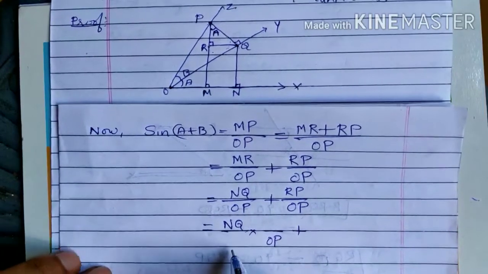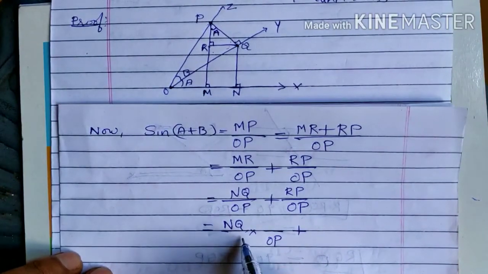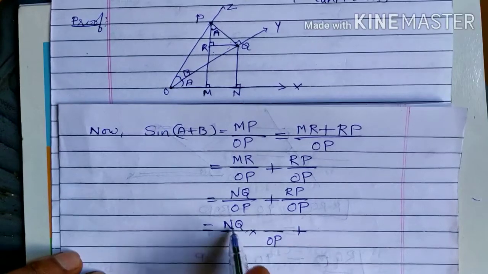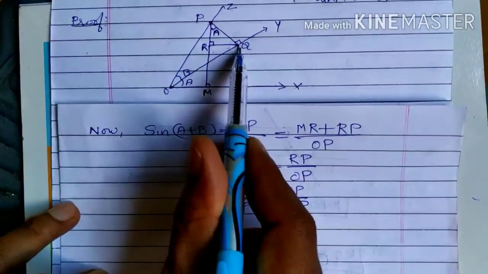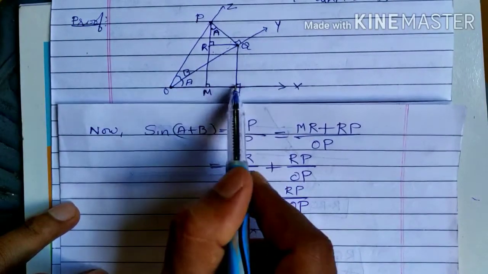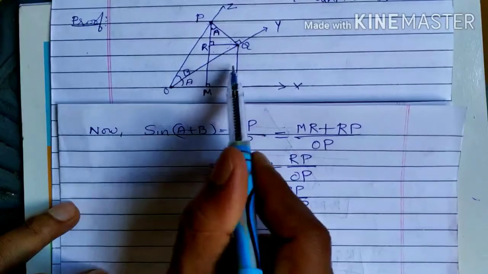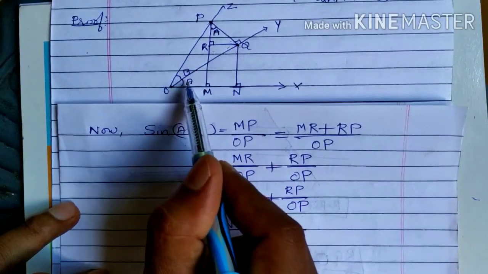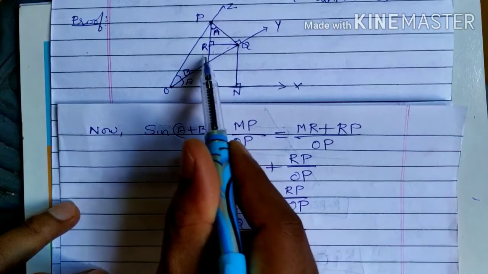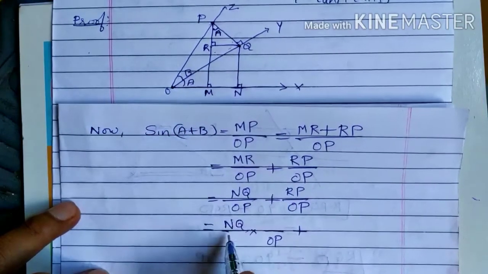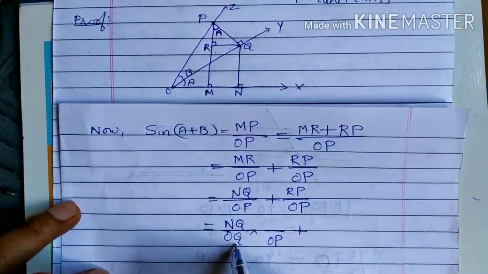Now you have to make some adjustments here. In order to get the required result, if I write NQ divided by OQ, I am going to get sine theta with respect to A, opposite by hypotenuse. So therefore I write OQ here, NQ by OQ.